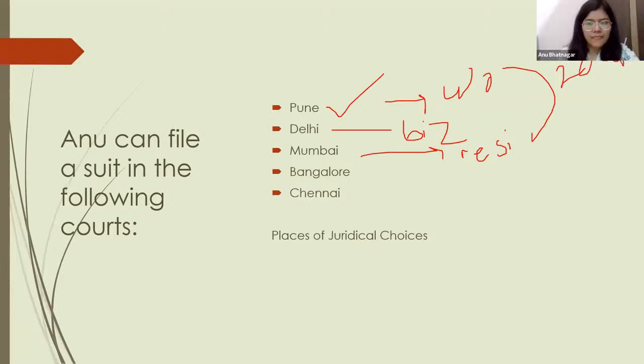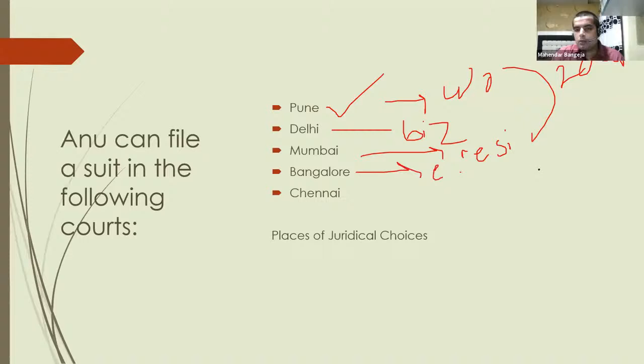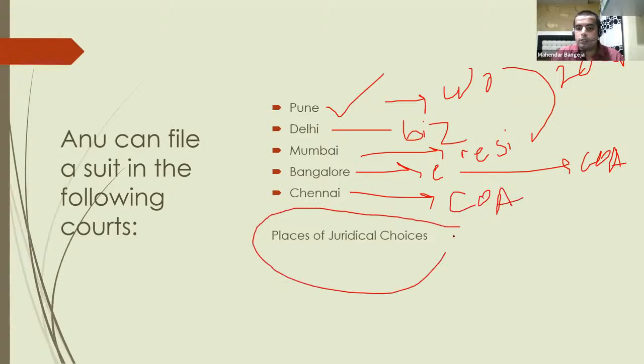Bangalore में we entered into a contract, so cause of action was created there, and it was supposed to be performed in Chennai, so cause of action was partly created in Chennai. So these are all places of judicial choices. Now Anu has a choice to file a suit against me in any of these places.